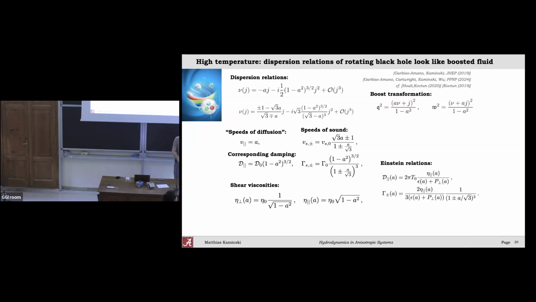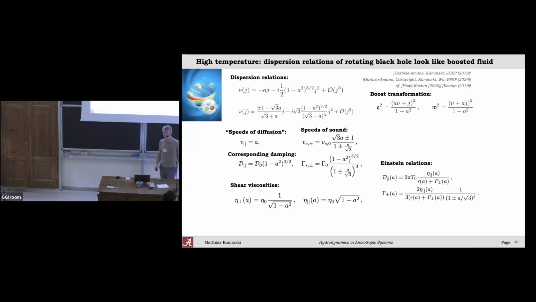There is a speed of diffusion now, because you can imagine if your background is moving but you're not moving, then it looks like your modes that previously were just diffusing now have a velocity, and that's what's in here. The speeds of sound are changing, as you see here, by factors of a, and this all comes from these dispersion relations, which actually can be written down in a closed form.